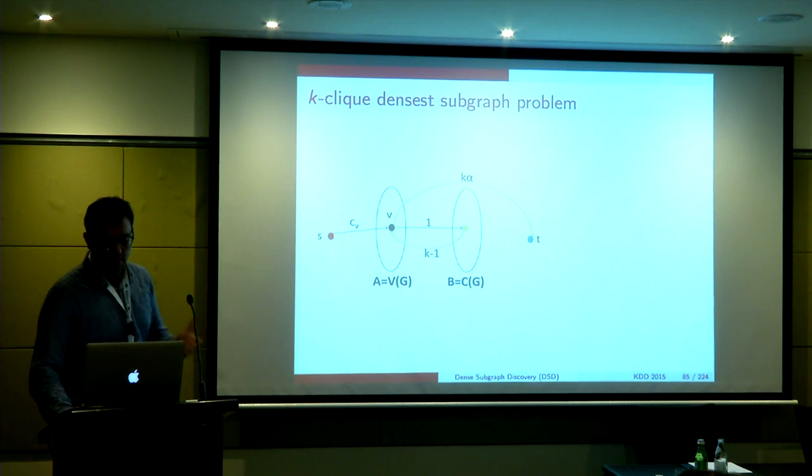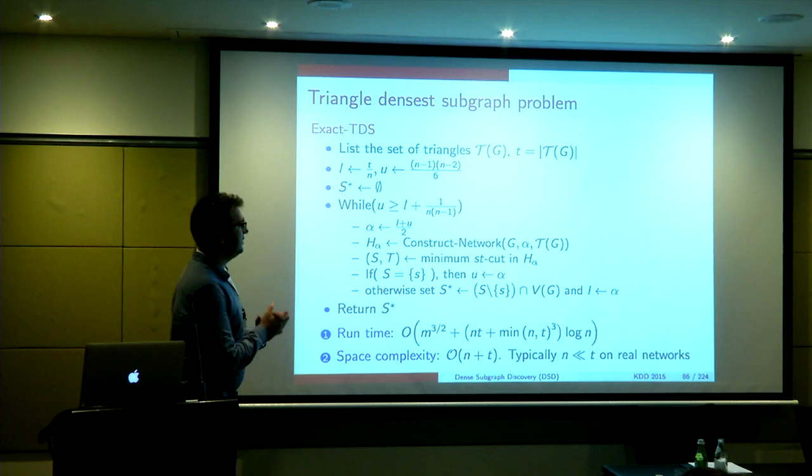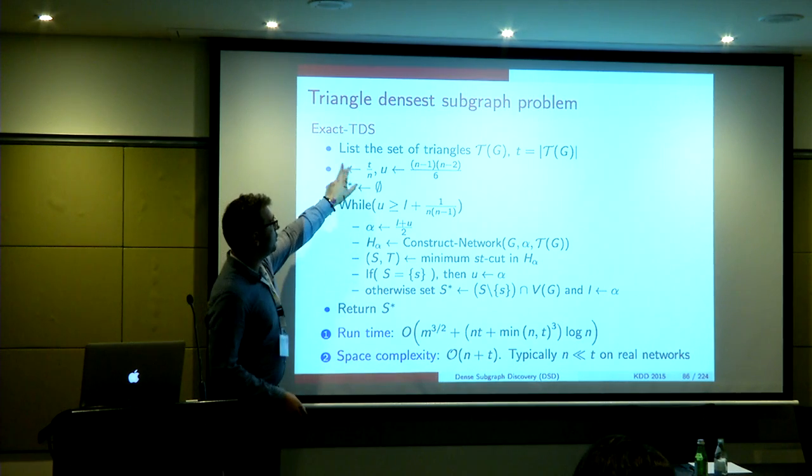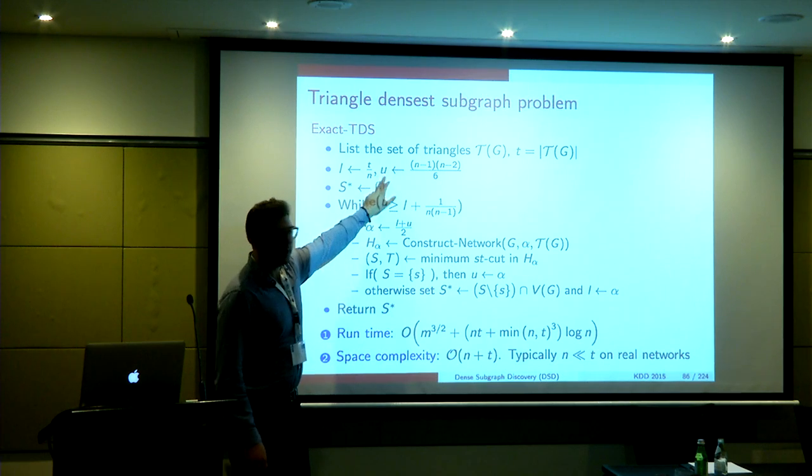This is the construction. And the algorithm is a binary search. You start with the obvious lower bound on the triangle density and the obvious upper bound on the triangle density.